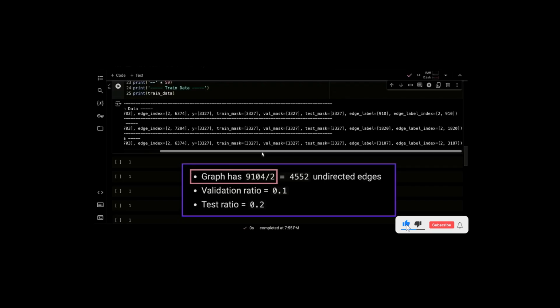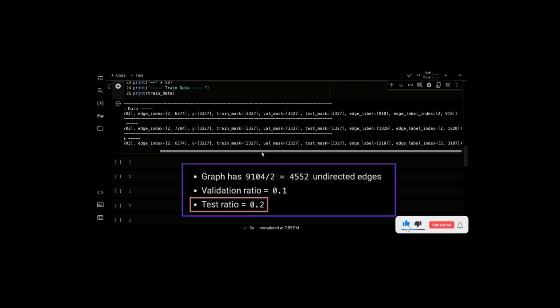So if you actually think about it, the graph has 9,104 divided by 2, which is 4,552 undirected edges. Here we are essentially collapsing every pair of directed edges between the same 2 nodes into a single edge. Now, the validation ratio that we had chosen was 0.1 or 10%, and the test ratio was 0.2 or 20%. Keep this in mind as we do a little bit of math.